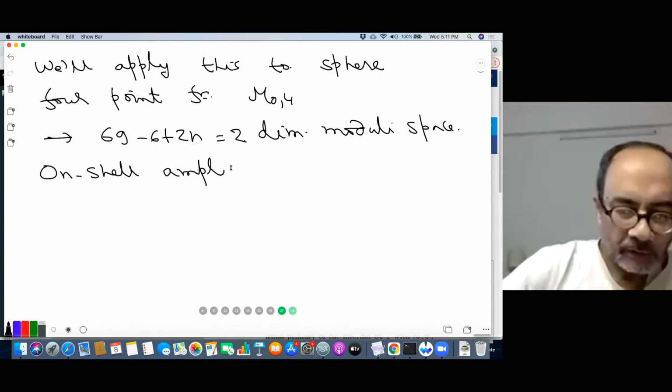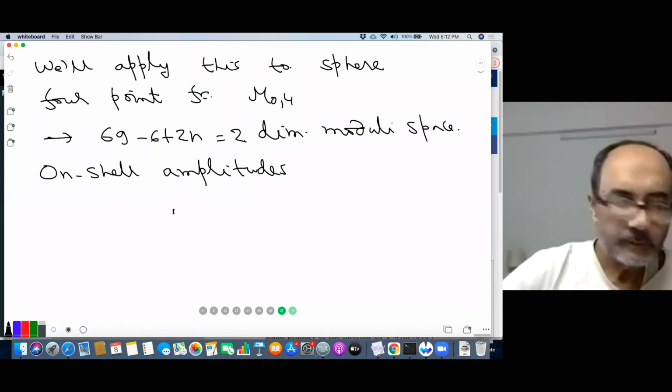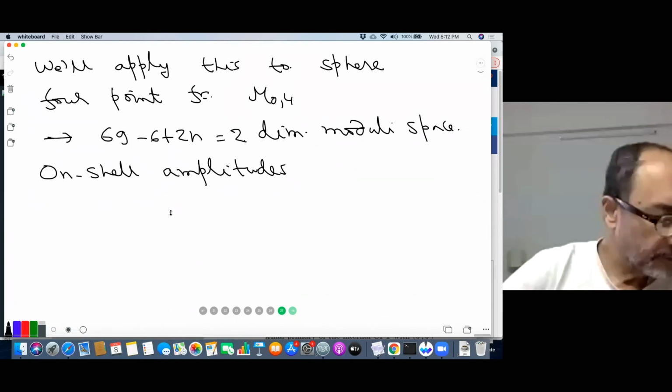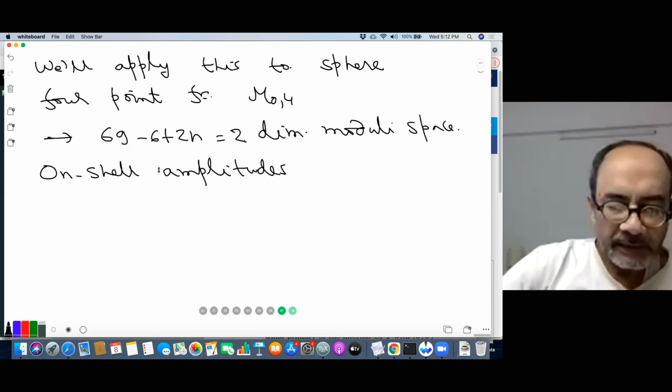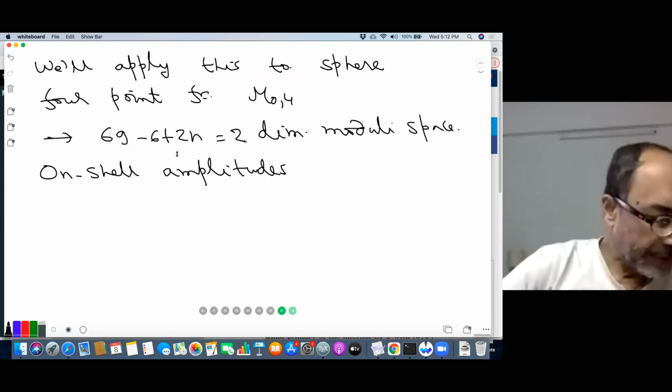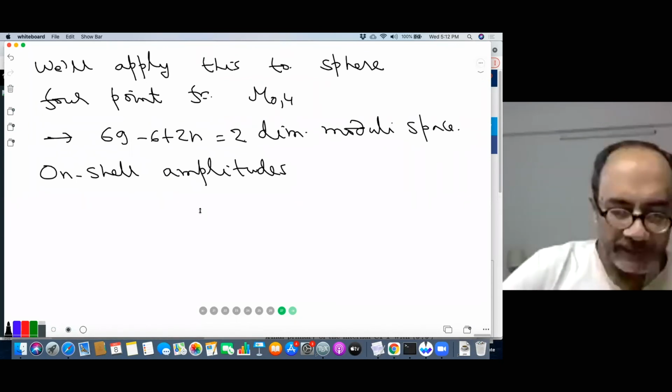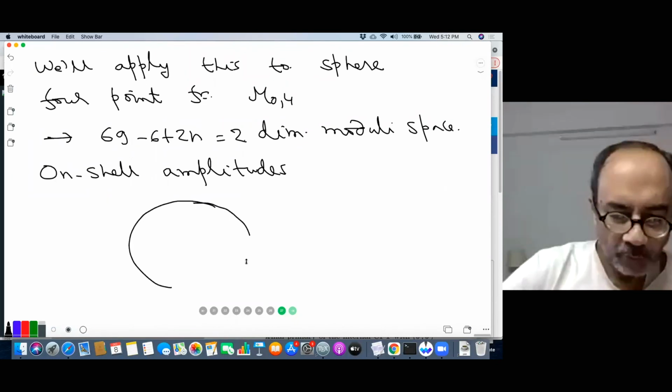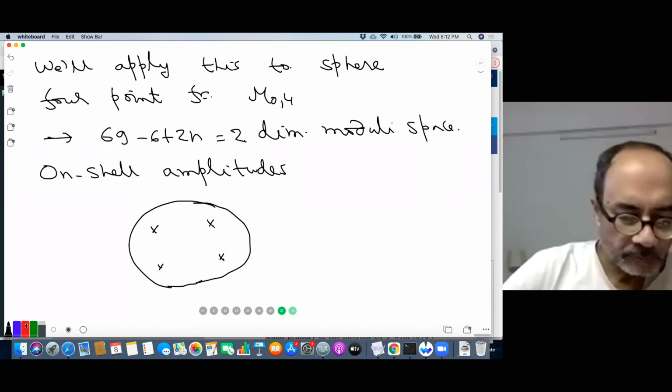So you don't worry about the local coordinates very much. Nevertheless, you'll have to introduce the local coordinates, and we'll see how this goes. So the way we'll proceed is that we'll take the sphere with 4 punctures. We'll choose the 4 punctures over here. We'll draw the circles.